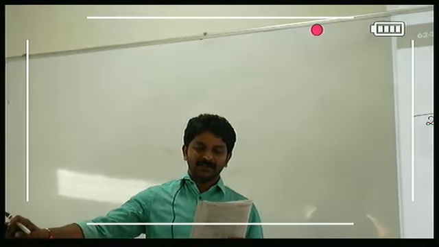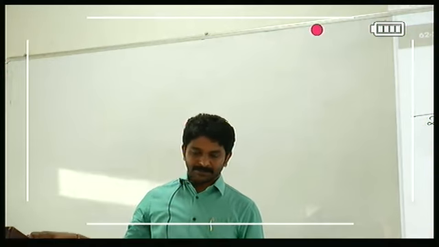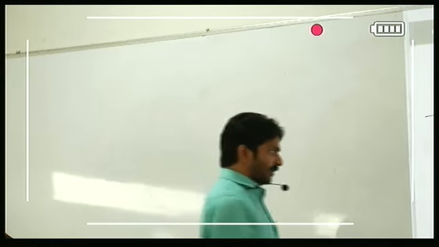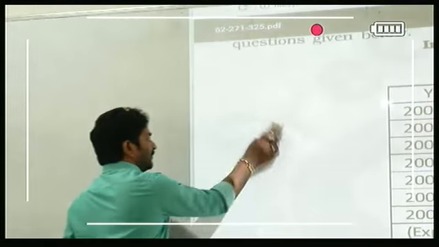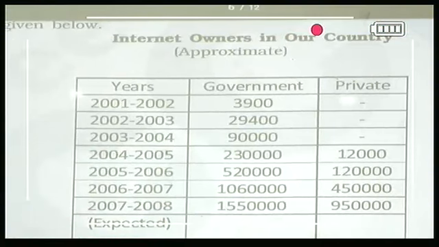In which period is the percentage increase in the total number of internet users the least over the earlier period? It's about internet users, not government sector or private sector. Look at your options: 2003-4, 4-5, 5-6, 6-7.